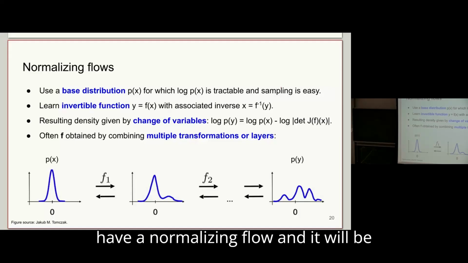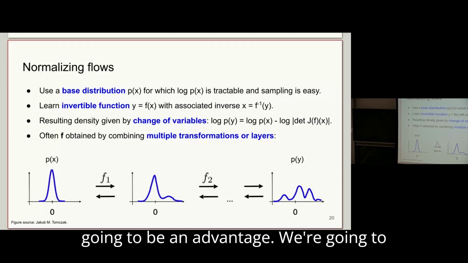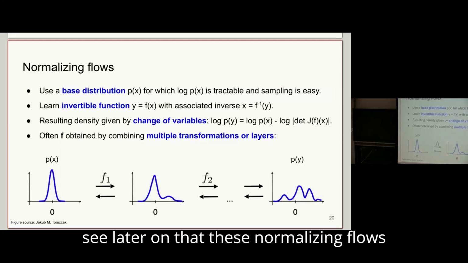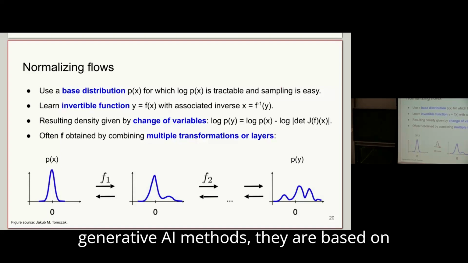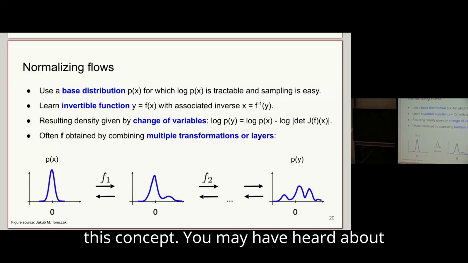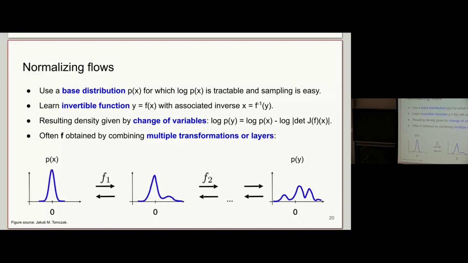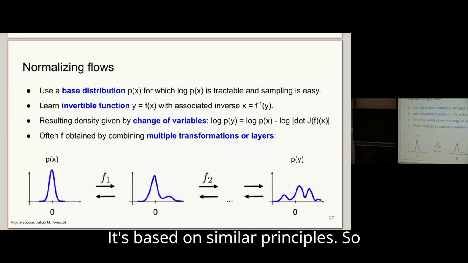You have a normalizing flow, and it will be able to give you the density of the samples that it generates, and that's going to be an advantage. We're going to see later on that these normalizing flows can be generalized to be very flexible, and some of the recent generative AI methods are based on this concept. You may have heard about flow matching. It's based on similar principles.